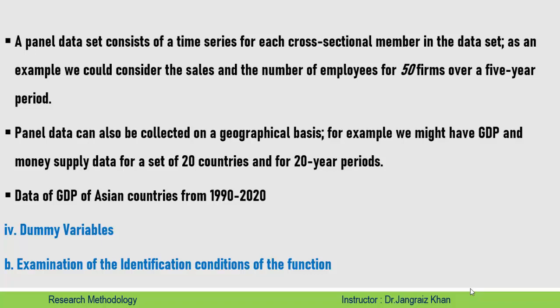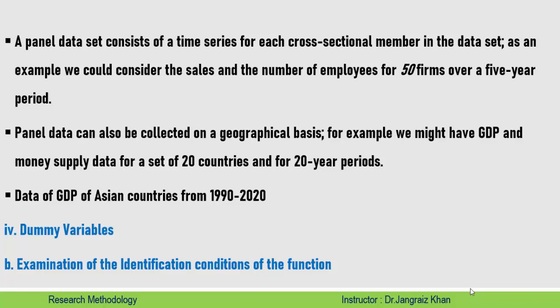Usually we use 0 and 1 if the response is binary. For example, in the case of male and female, usually we denote male by 1 and female by 0. So when you collect the data, if the respondent is male, you put 1 in the data set. If the respondent is female, then you write 0. So dummy variables are used for those cases where the variable cannot be measured directly.